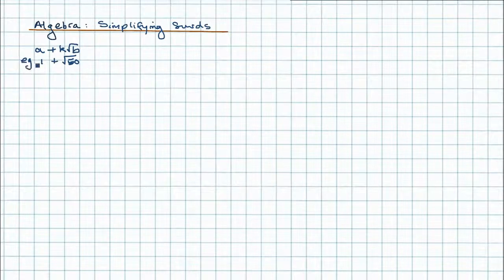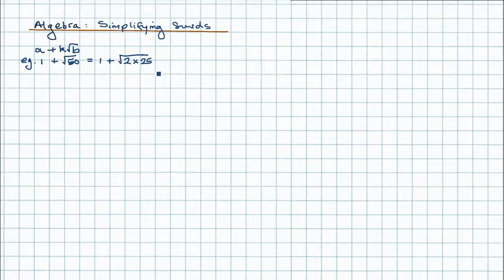So this is an example. 1 plus the square root of 50, you can split that apart. So you would have 1 plus, the 50 becomes 2 times 25.